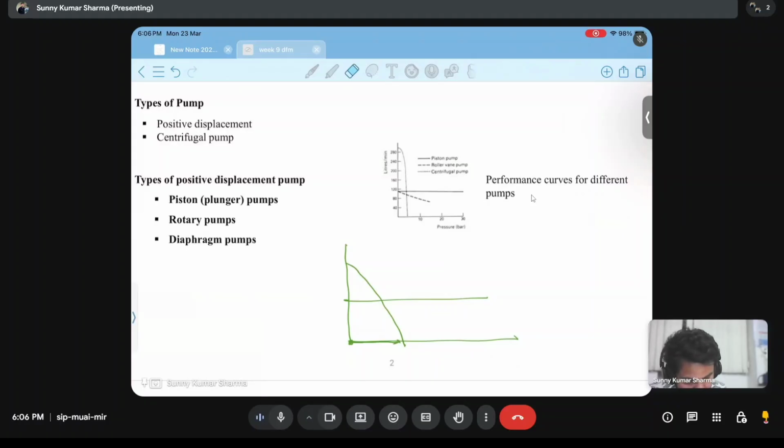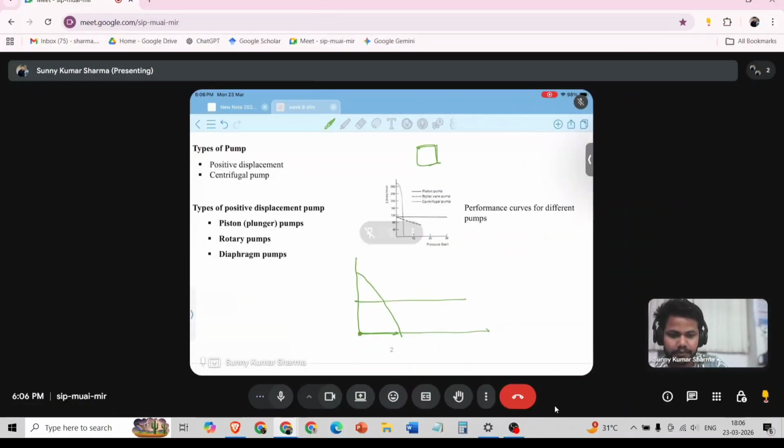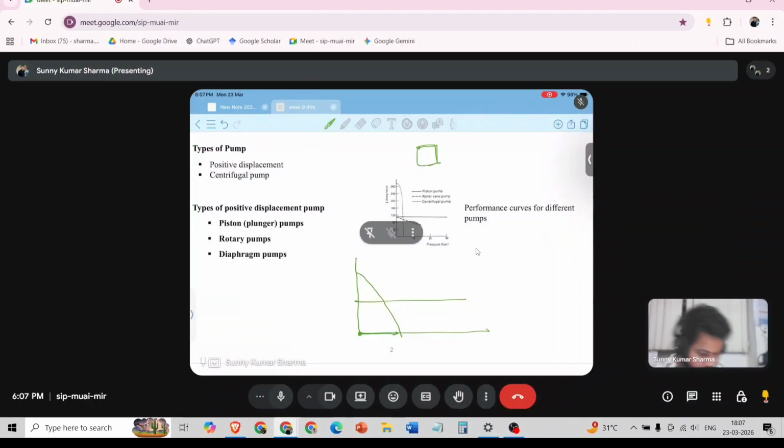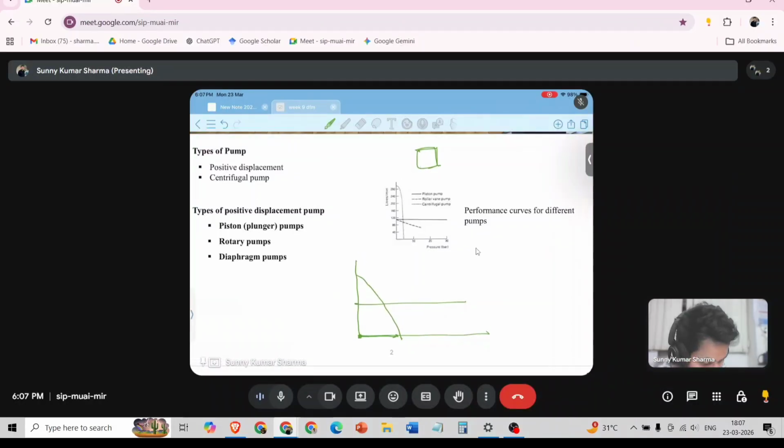The first thing related to a sprayer is the types of pump, because the pump is the driving unit which is used to deliver the liquids or pesticides through the nozzle in the field.